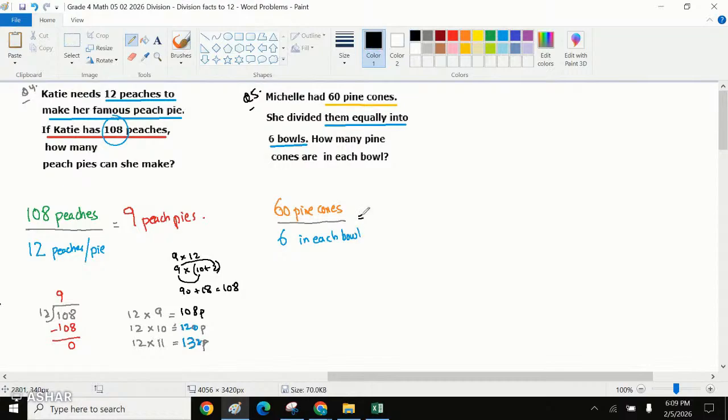That should mean when 60 was divided by 6, so 6 times 1, the answer comes out to be 10 bowls. She can make 10 bowls. Thank you, Semi. Thank you, May. Thank you, Mai.